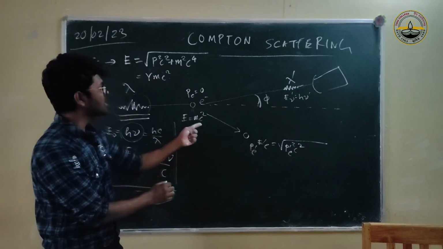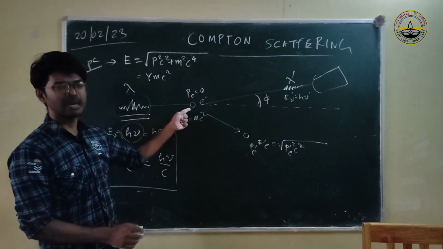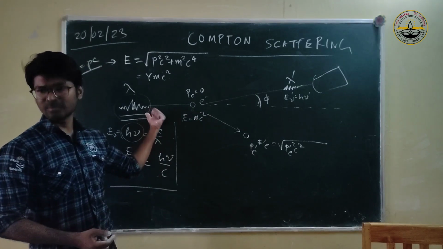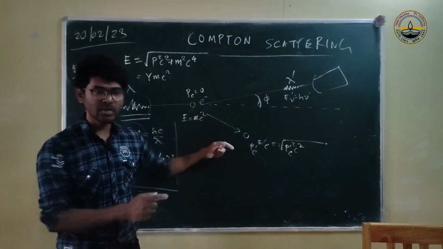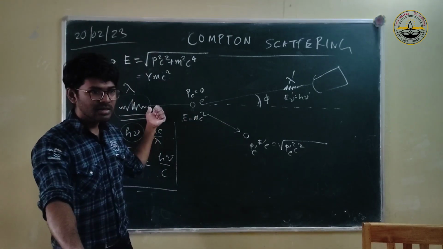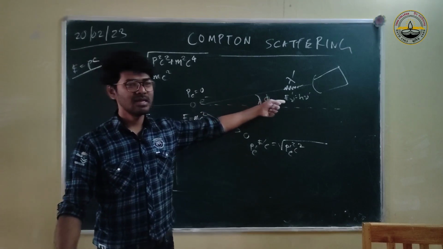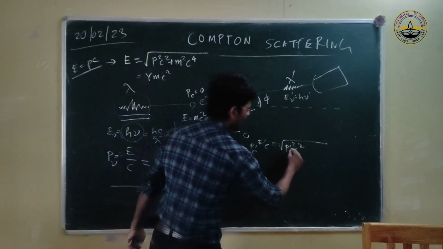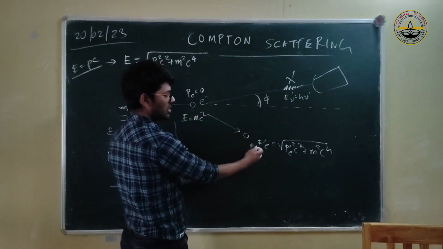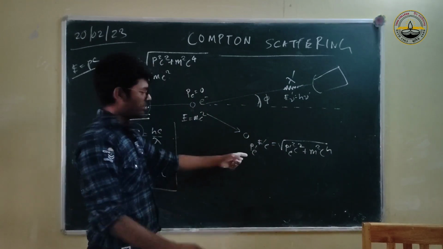So what happens is, this guy kicks the electron. As a result, this electron takes away some of the energy from this guy and starts moving. That's where it gets its kinetic energy. And this guy loses that energy, and that's why its frequency is now different. p prime square c square plus m square c to the power 4 is the energy, and what is the momentum? We don't know, some p prime.